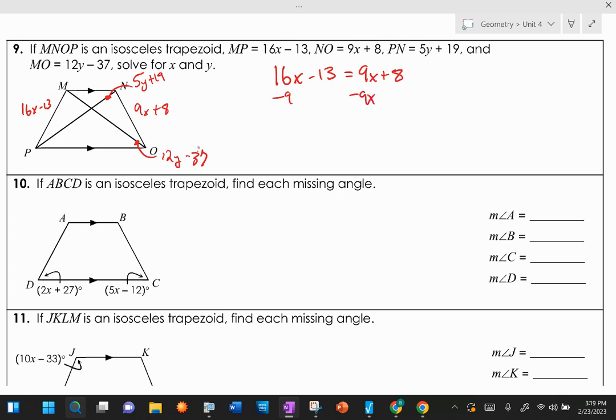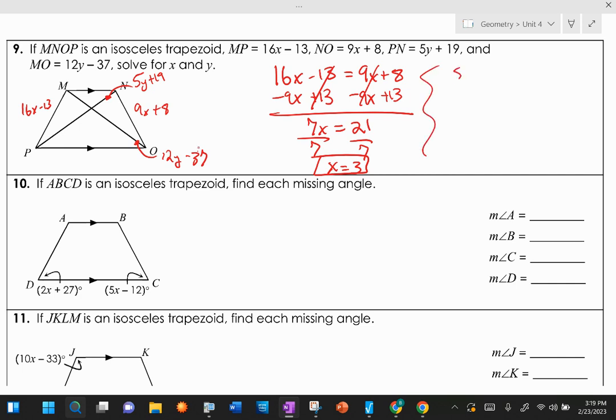Now, you could have processed yours differently than I processed mine, and you could still end up at the same spot. This is the way that I would do them. There is your x. Okay, and then your y should be 5y plus 19 equals 12y minus 37.